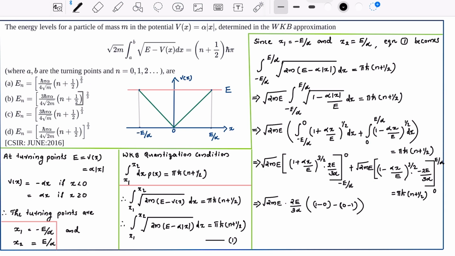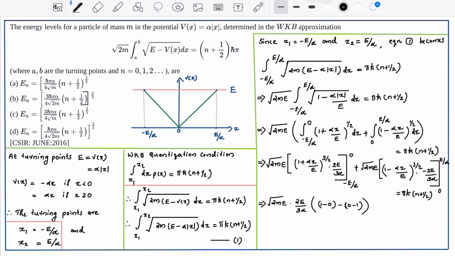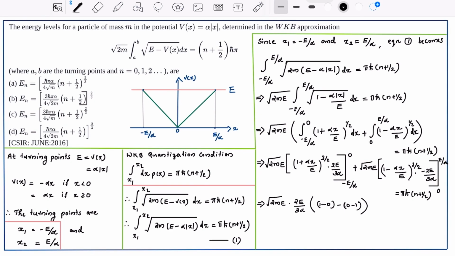After applying the limit, the answer is square root of 2mE into 2E by 3 alpha times (1 minus 0 minus 0 minus 1) equal to pi h bar into n plus half. Now this is equal to 4 by 3 E by alpha square root of 2m, then E raised to half, that is equal to pi h bar into n plus half.